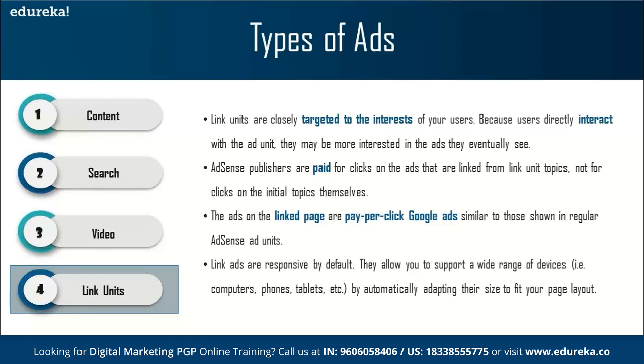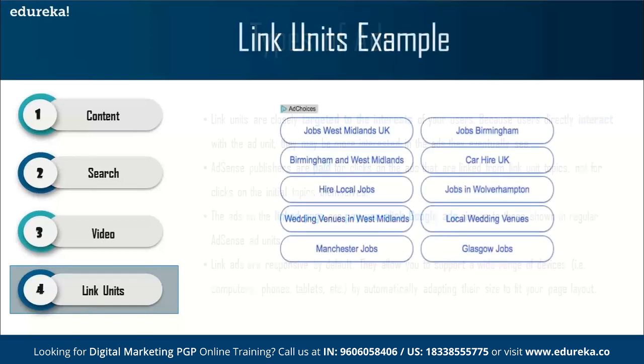It can come from computers and laptops, phones, tablets, and there are multiple screen sizes and multiple resolutions. So by default, Google has made the ads responsive. And we'll have to remember one thing here, that Google does not disclose how much it is for link units.